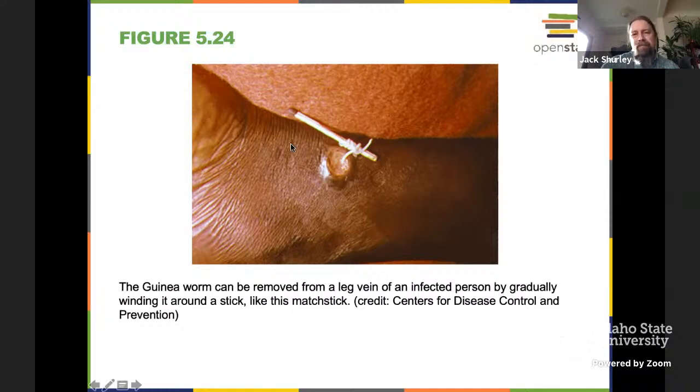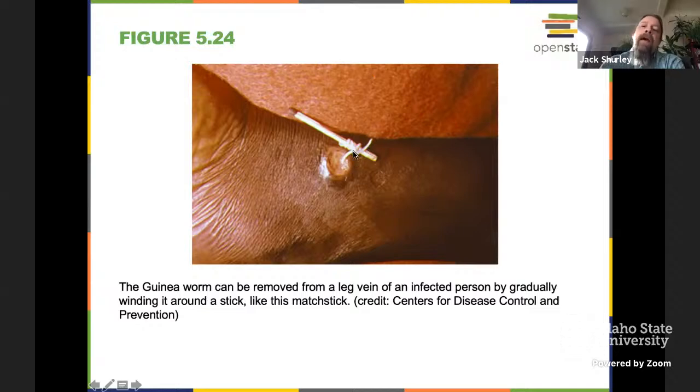This looks like it's on the ankle. It's almost always on the foot, right? They move down to the extremities. An ulcer forms, usually in something like this, pretty painful. You want to put your foot in some water, which is exactly what that worm wants, and eggs are released out into the water. Cycle hopefully being completed.